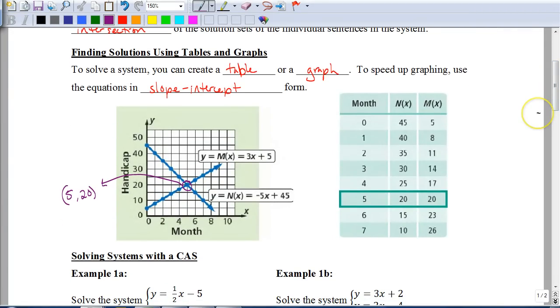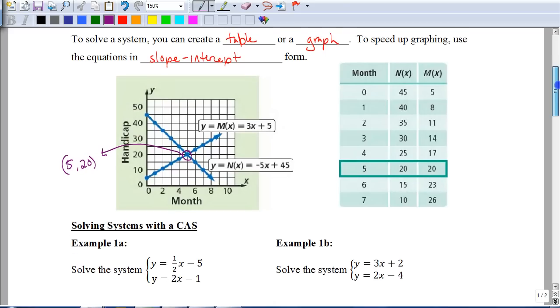Now, if you were to check this, if I were to put 5 into Millie's equation here, 3 times x plus 5, 3 times 5 is 15, plus 5 sure enough gives me 20. If I were to check this in Noah's equation here, negative 5 times 5 is negative 25, plus 45 also gives me 20. So you can see that when I put 5 in for x, they both give me a solution of 20 for y.